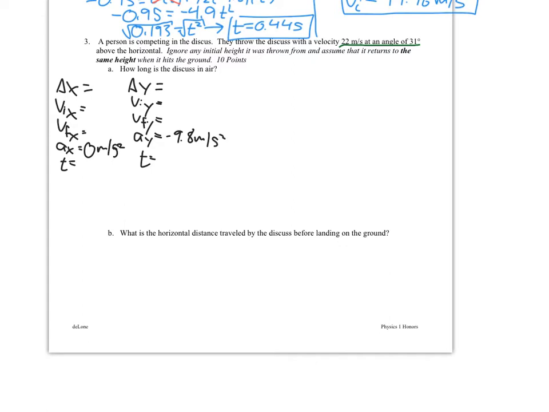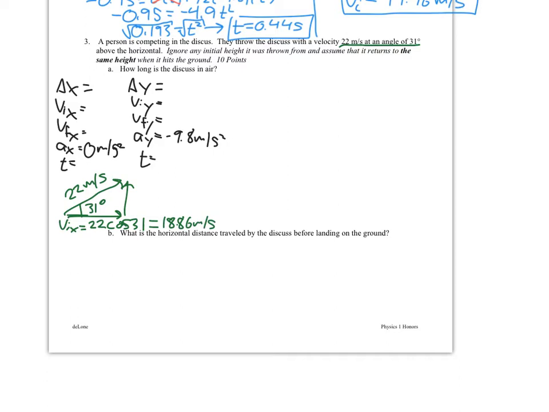But after doing that, I'm going to go ahead and use that velocity and that angle to solve for the initial velocity in the x and the y directions. Okay, and so I know that VIX here is going to be 22 times cosine of 31, because it's the adjacent side, which gives me an x component here of 18.86 meters per second.